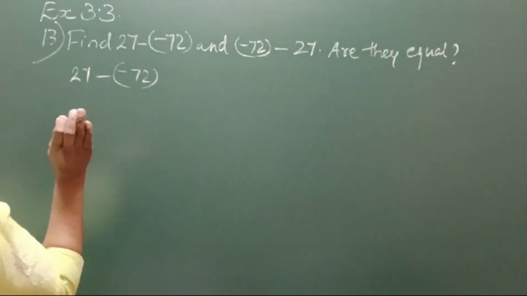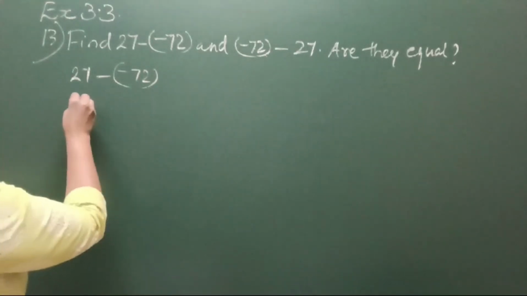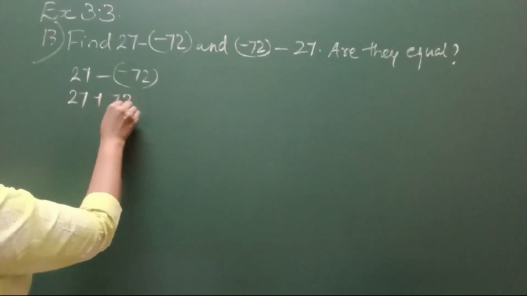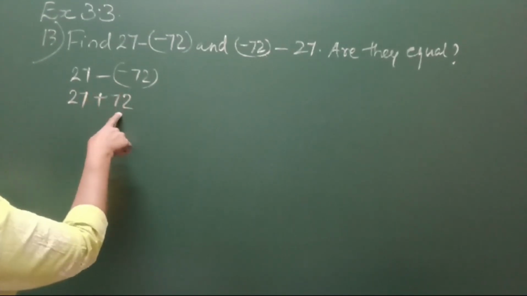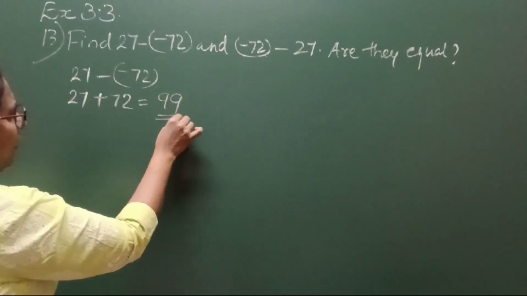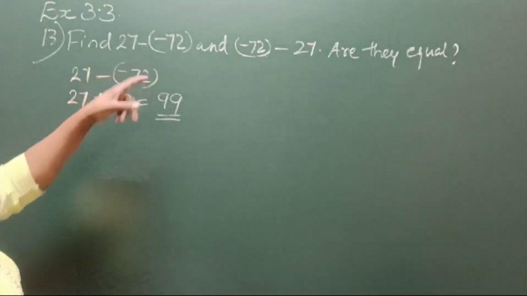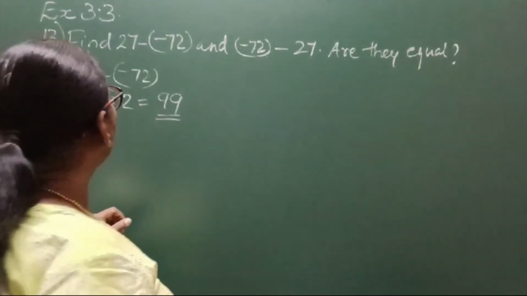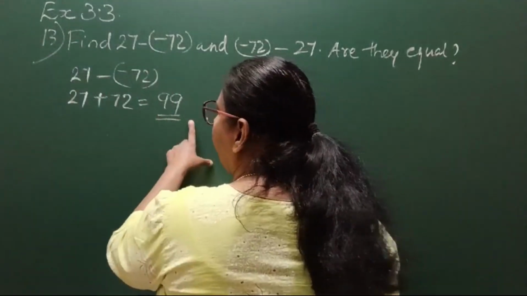When we subtract integers, what is the rule? For 72 we have to do the additive inverse. So 27 plus 72 is equal to 99. These two integers we have added and we got the answer 99.